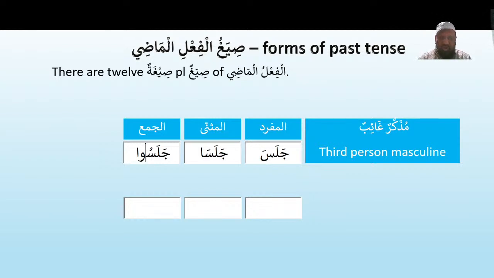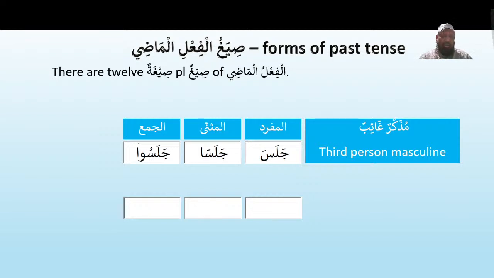جلسوا. Sometimes you may see the waw will have a sukun. We know this waw is waw al-jama'a, so there's no need to write the sukun. Or if you want, you can write the sukun, no problem. But remember to prolong a little bit. Jalasu.